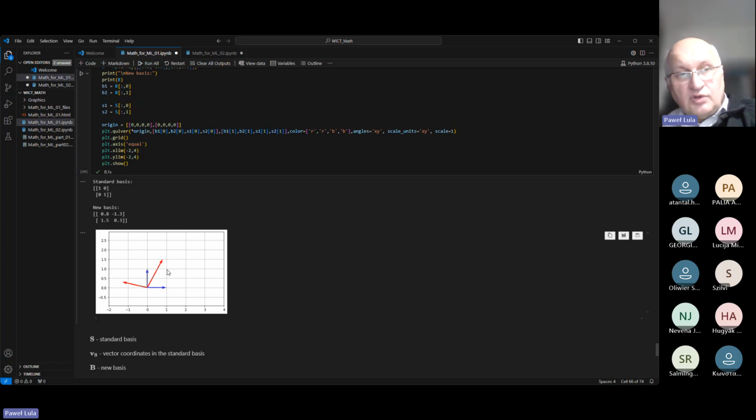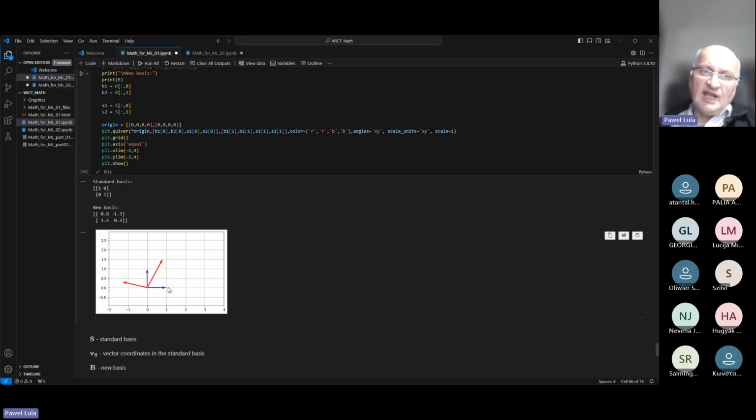Sometimes it is useful to change the basis, to move from one basis to another, and to express the location of some objects, some other vectors, some points in different bases. So here we see two bases.